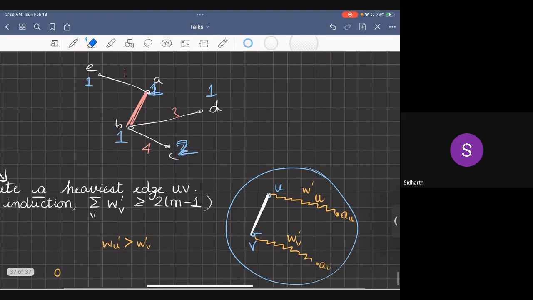Sorry, rather I should say let this trail be TU prime and this trail be TV prime. Then if W U prime is greater than W V prime, what we can do is consider this trail and then go here, and that's a trail ending at V that has length W U prime plus 1, which is at least 2 more than W V prime, right?